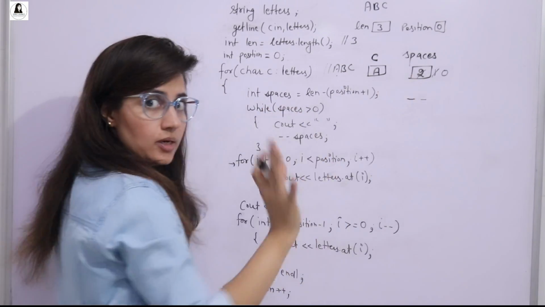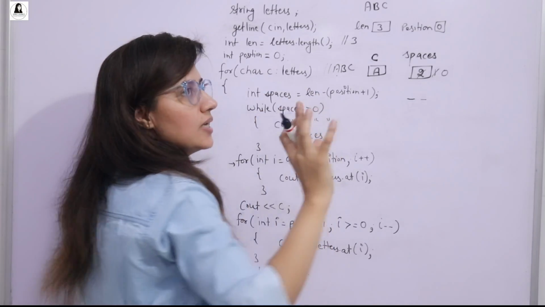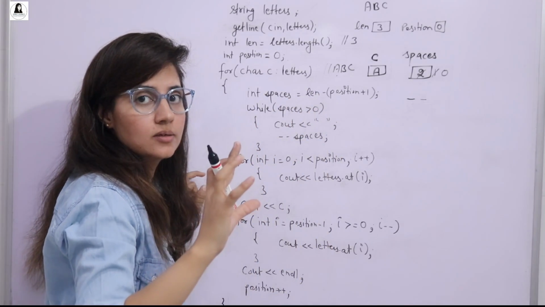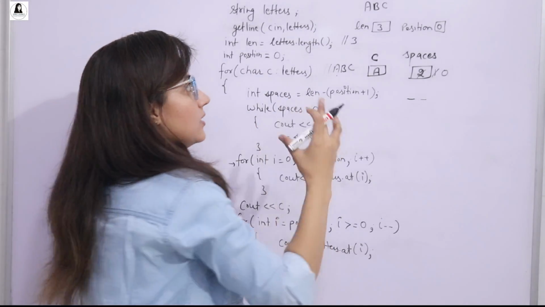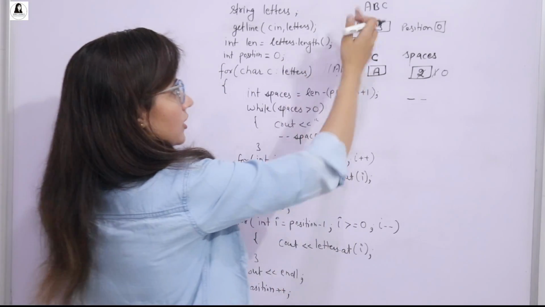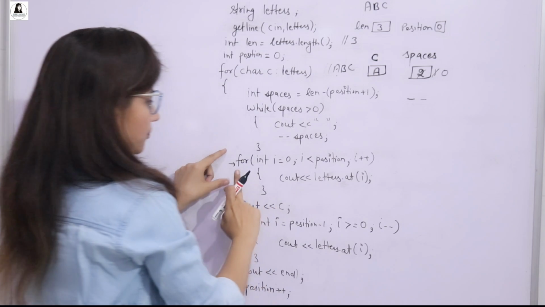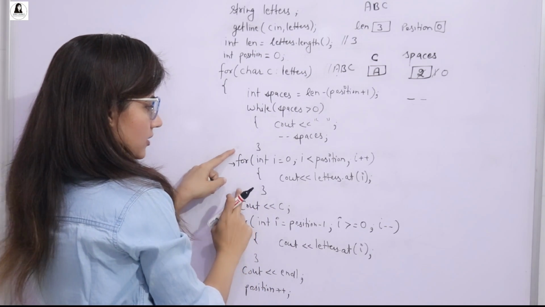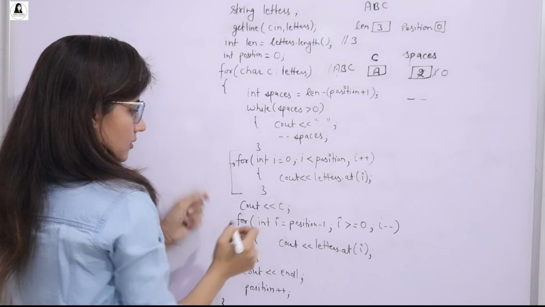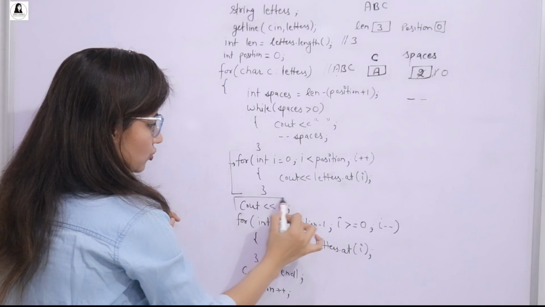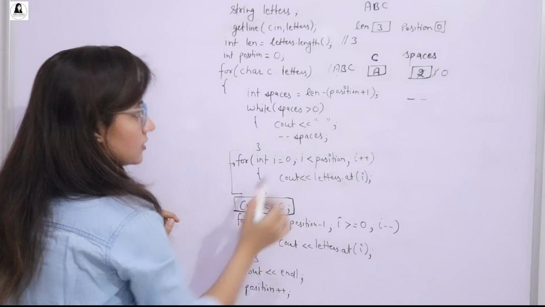So 2 spaces have been printed. Now you have to print the actual character, right, at the first position, like at the 0th position. Okay, now this loop, see, here we are printing the actual character, whatever is there in this c.